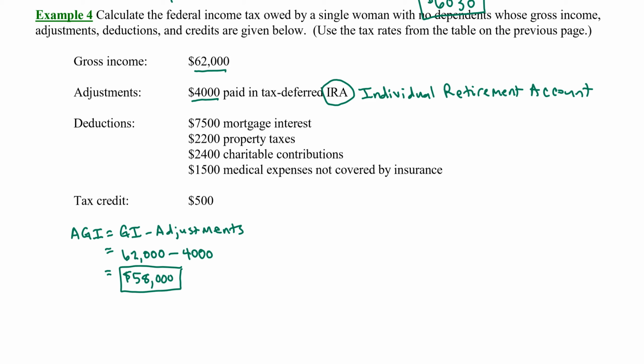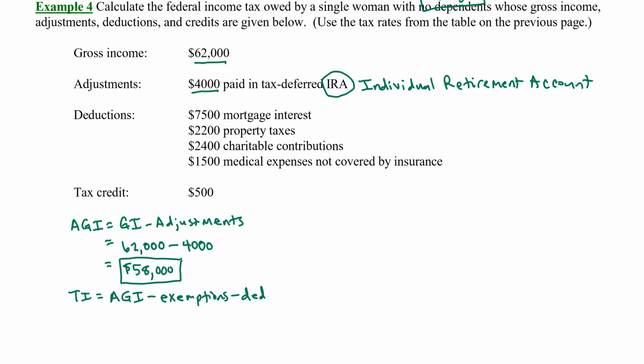Now, the next thing we need to do is calculate her taxable income. To calculate her taxable income, we're going to take her adjusted gross income minus exemptions and deductions.